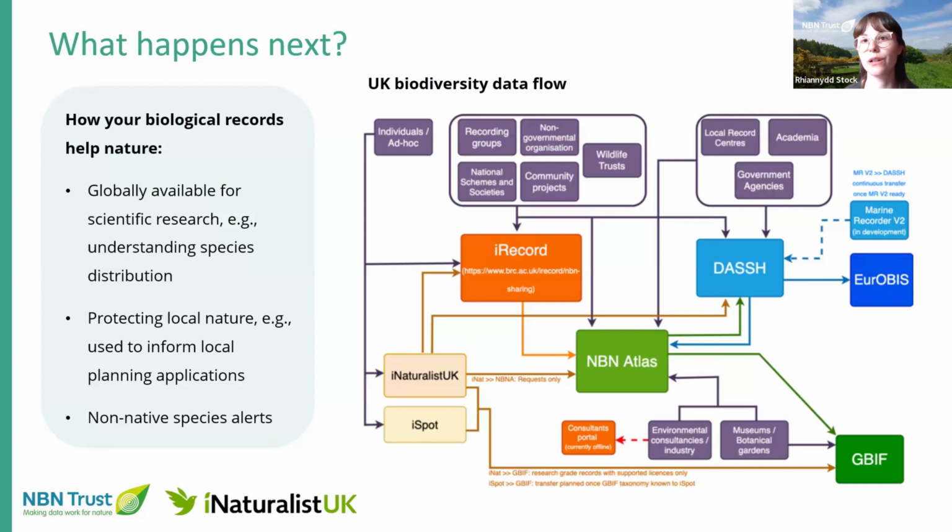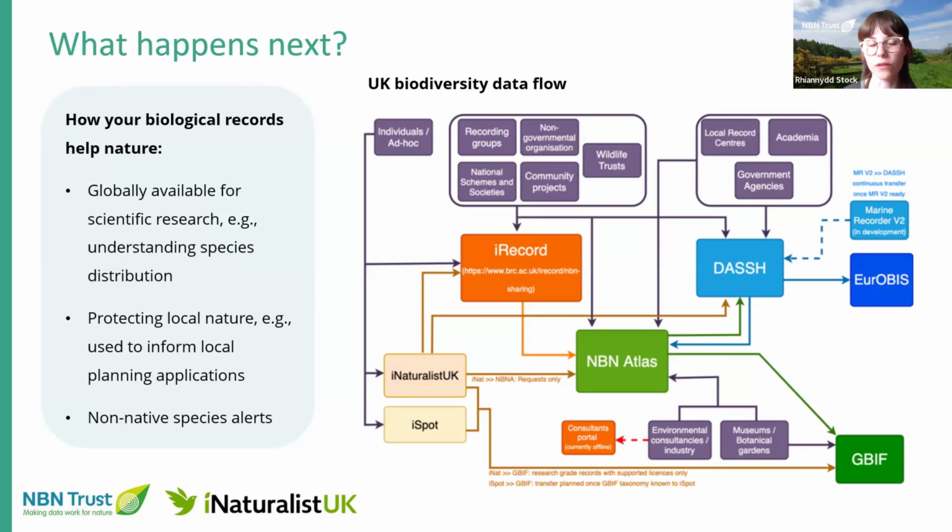They share their research grade records, when the community have agreed on an ID, to a platform called the Global Biodiversity Information Facility, so that's GBIF, that green box in the diagram, and they're like a global version of the NBN Atlas. So it's collating data on a global level, but we also help feed iNaturalist UK data into the NBN Atlas via iRecord, which is another recording app that you might want to use.